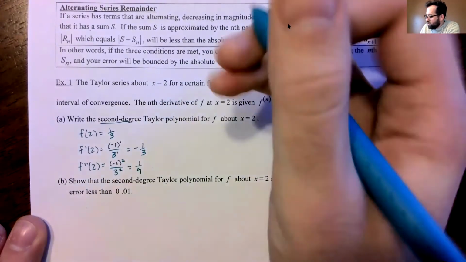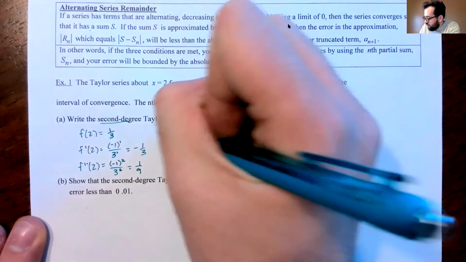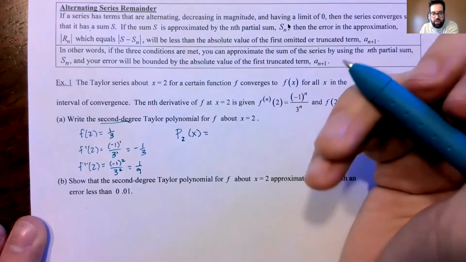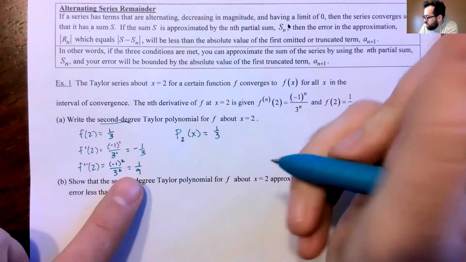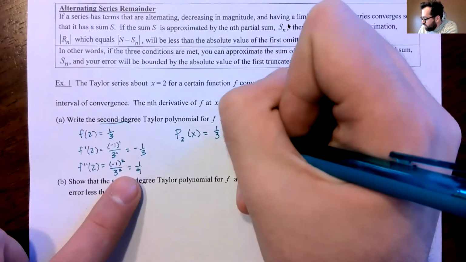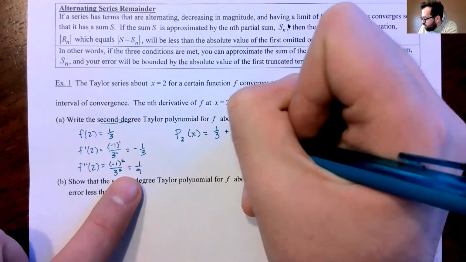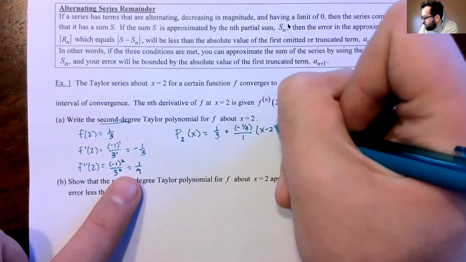Okay, so now we can hopefully fairly easily write out our second degree Taylor polynomial. I'm going to do P2 of x. So we'll start with just 1/3. The second term will be -1/3 over 1 times x minus 2.